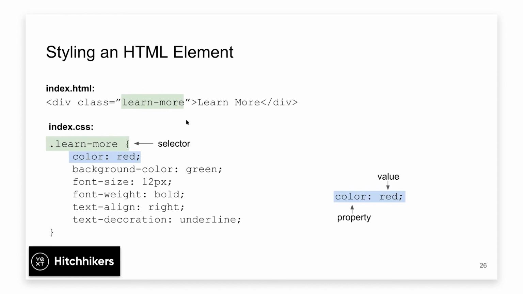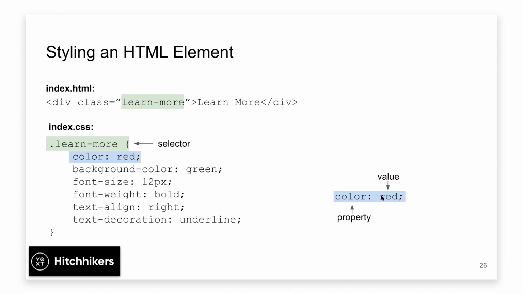And that can be multiple elements, because class names are not tied to one specific element or need to be unique. Within the two brackets following that selector are all the rules that would be applied to that selector. So here we're going to apply color, background color, and a host of font and text rules.